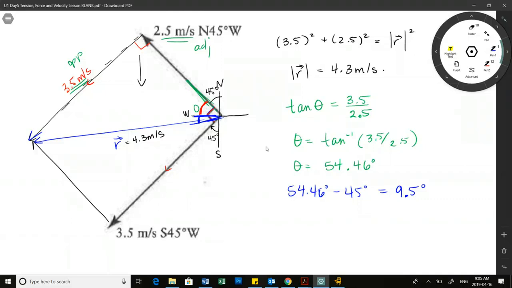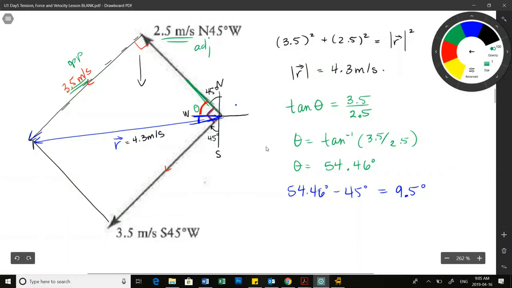If this is 45, what's the red slice? 45. Okay. My question asks me to state the direction of the vector relative to the horizontal. So I'm either going to say above the horizontal or below the horizontal. So I want this little slice right here that's below my horizontal. So if I solve for this whole thing, this green theta here, I know that whole thing is 54.46, and I just want that extra little slice in there.